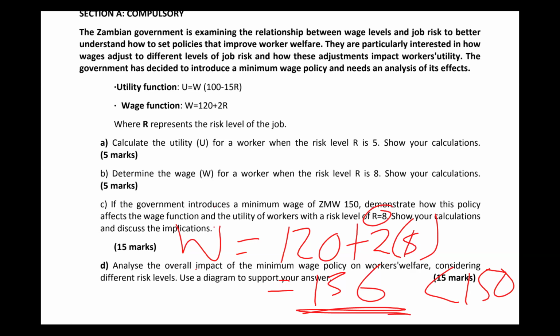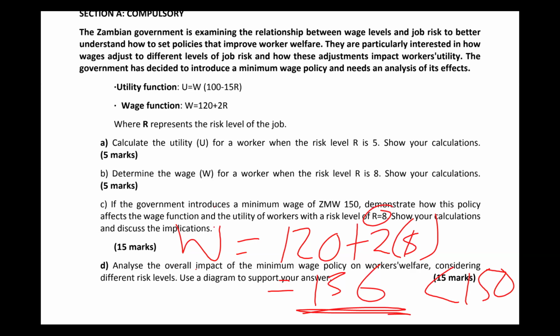You have to go to the utility function and look at the level of utility at this particular point. So our utility shall be equal to our wage, 150, multiplied by 100 minus 15 times R. And our R is 8, right?